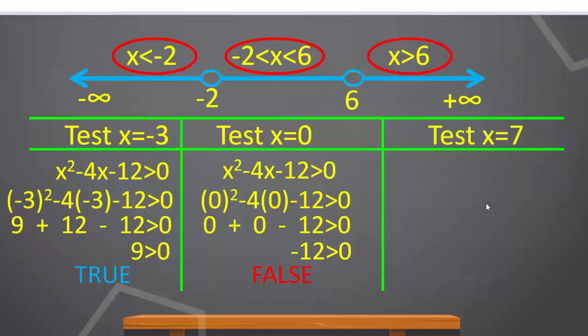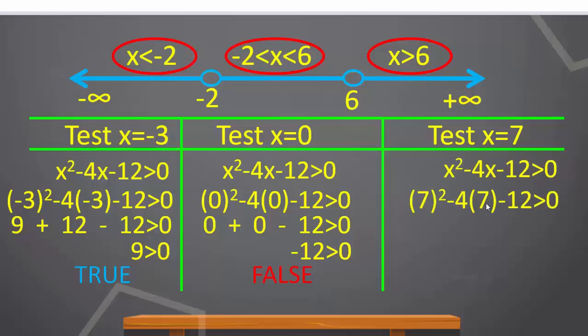For all values of x greater than 6, let us test x equals 7. Therefore, we have 7 squared minus 4 times 7 minus 12 is greater than 0. Then we have 49 minus 28 minus 12 is greater than 0.